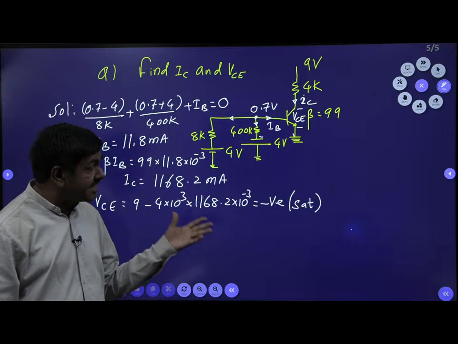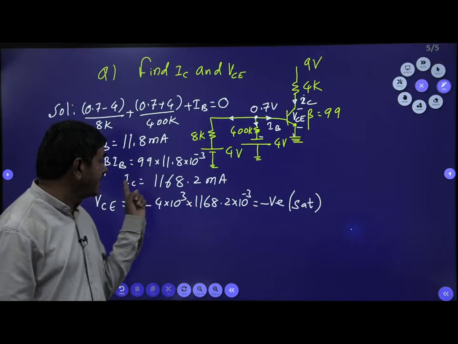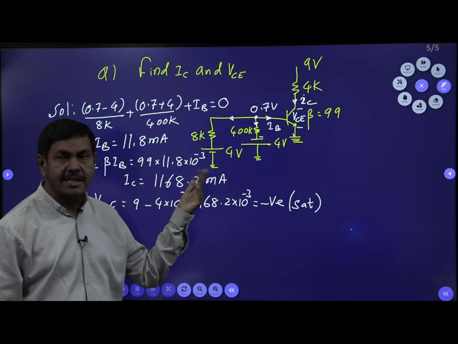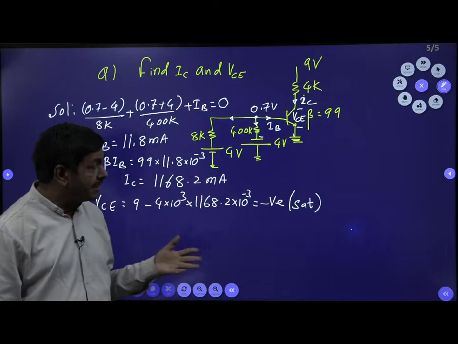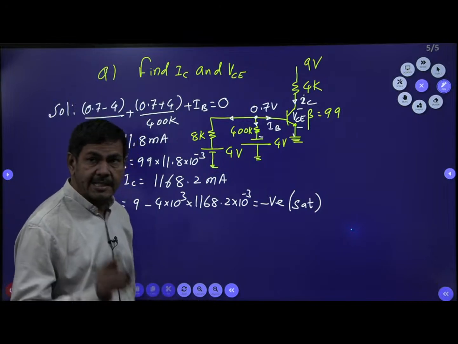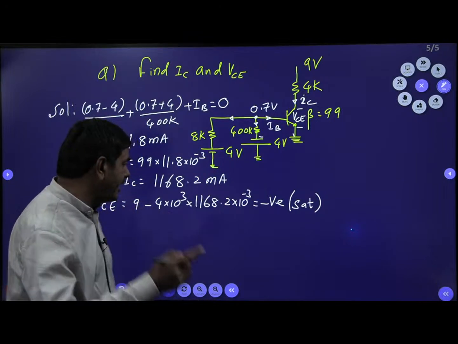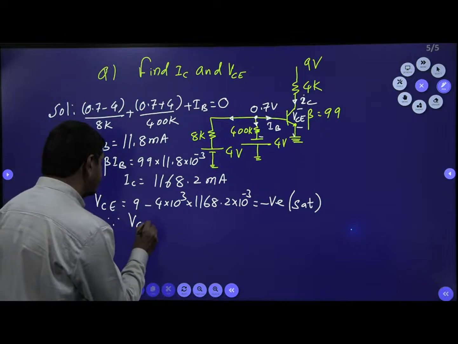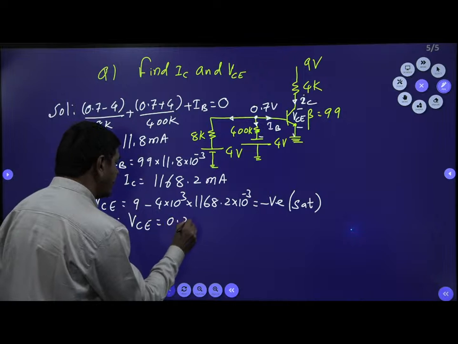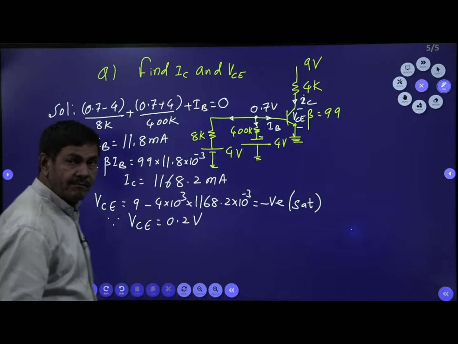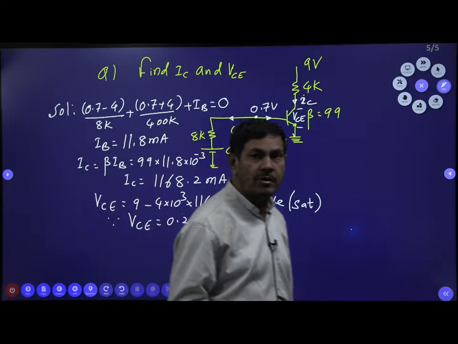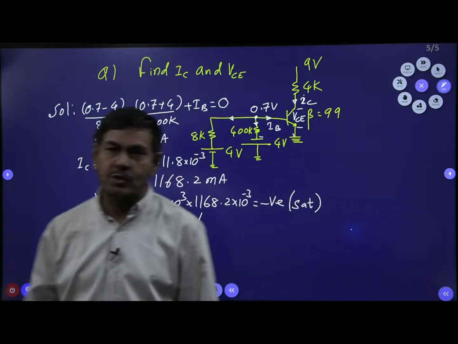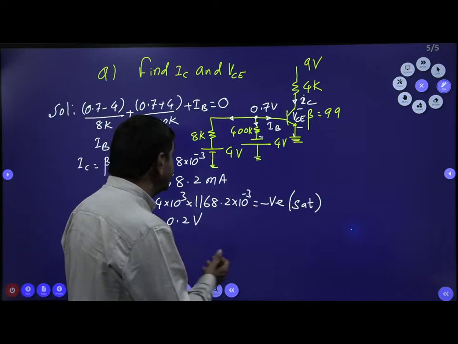So as it is in saturation mode, this IC is not correct. Initially we made an assumption that the transistor is in active mode, we calculated, but it is not in active mode. When the transistor is in saturation mode, as I said in the last class, you must select the collector to emitter voltage as 0.2 volts.